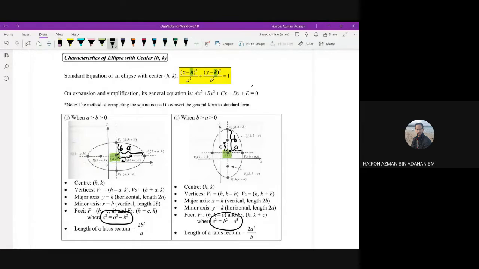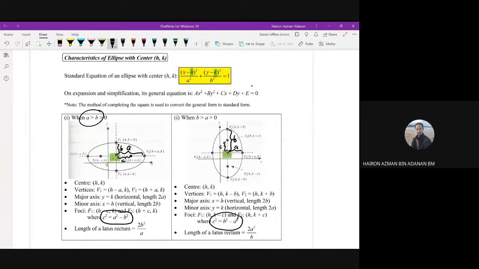One more thing that is very important: the foci are actually on the major axis, and the length of the major axis depends.